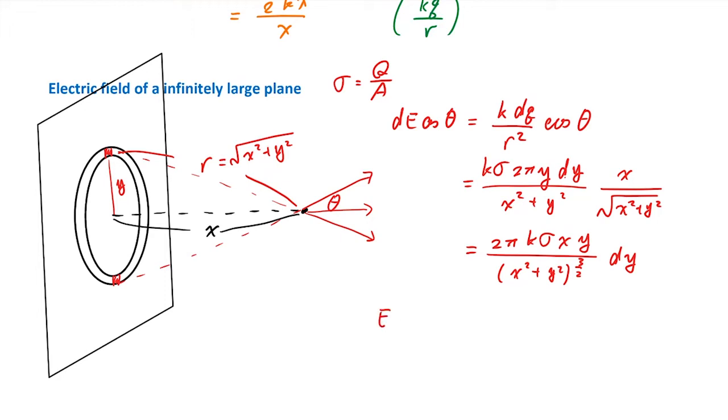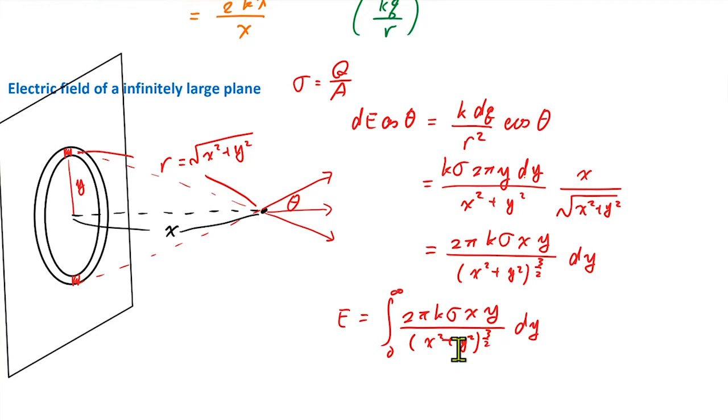So our E then is equal to the integral from 0 to infinity again. And then we just dump this thing in here. So we have 2 pi k sigma x y over x squared plus y squared to the 3/2 power dy. You with me? Okay, this time it's not tricky because you see y here and then you see y there. So this time we use u-substitution. And then du, of course, is 2y dy.